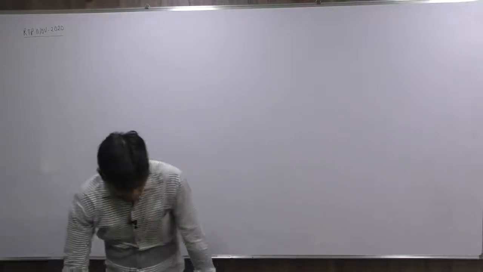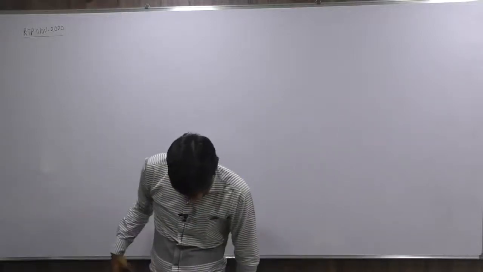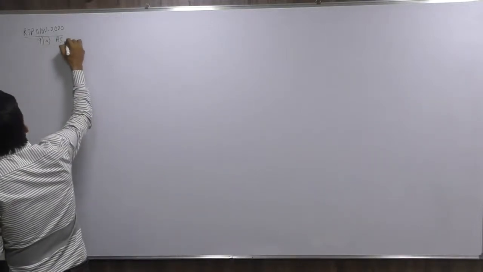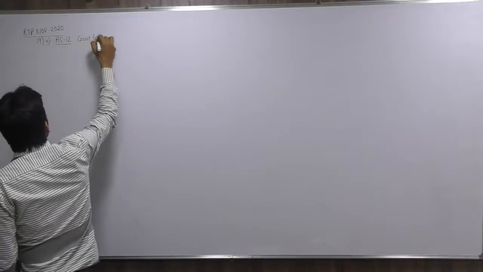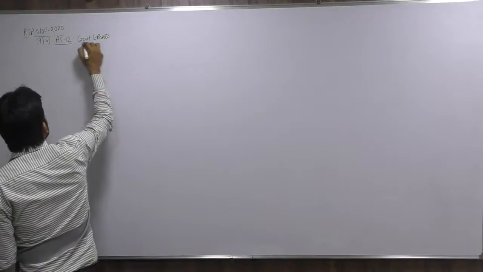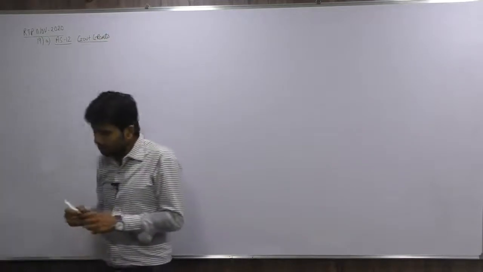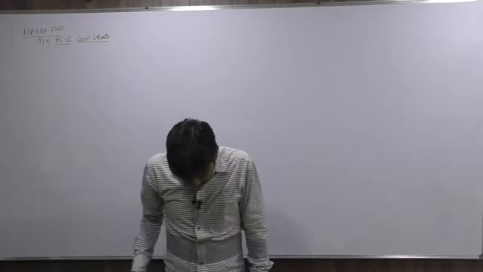Now let's start with question number 19, A part, that is AS12 government grants. Very important case. Let's start discussing.